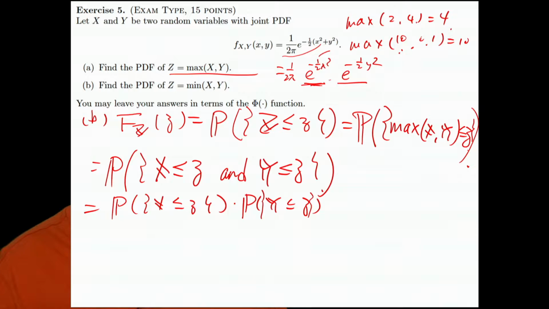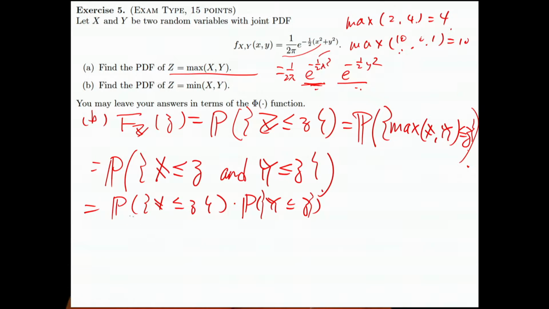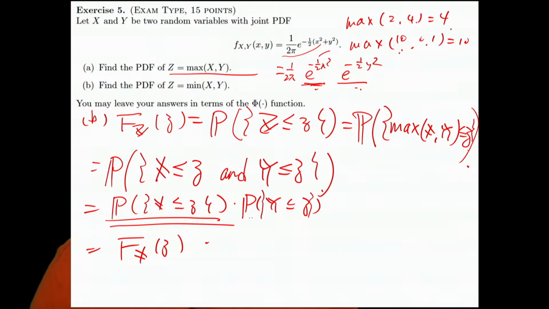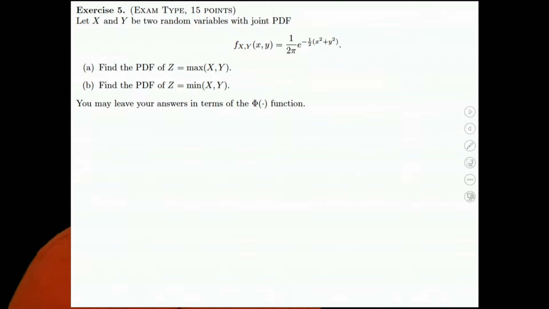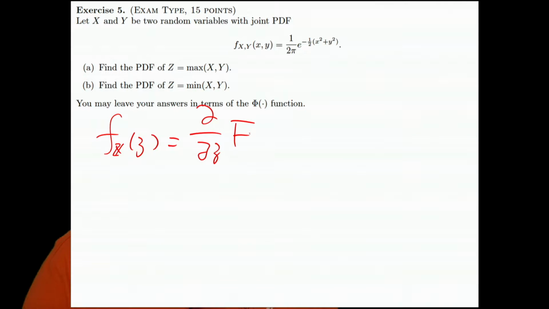Now what does the probability of X less than z mean? That's the CDF of X. Similarly, this is the CDF of Y. Then I want to find the PDF of Z. You just take the derivative of the CDF of Z here.